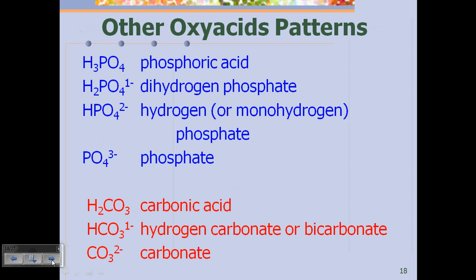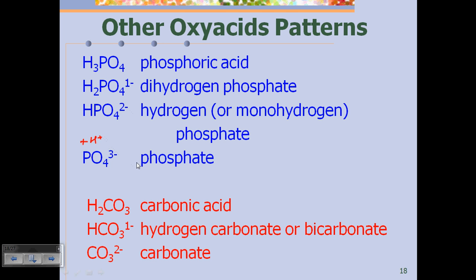And in the oxyacids, there's also a pattern. For example, PO4 3 minus is phosphate, and if you start adding 1 H plus every time, so if you add an H plus to PO4 3 minus, what do you get? HPO4, and there was a 3 minus charge, plus 1 charge, so you get a 2 minus.